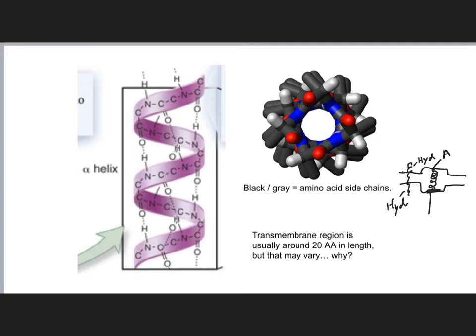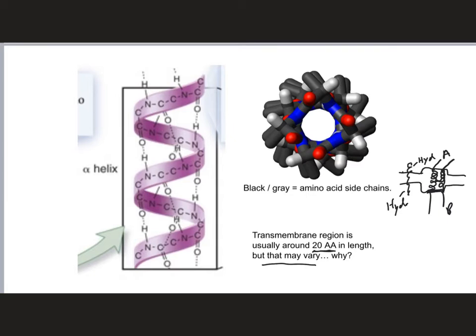If I have transmembrane protein A and transmembrane protein B, and both of them have this extra long region, they're both likely to be inside that lipid raft, and that's like being stuck on a deserted island together. They're much more likely to find each other and create that quaternary structure. So that's why transmembrane length may vary a little bit, but generally they're around 20 amino acids.